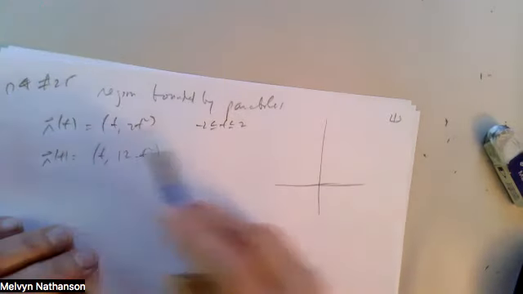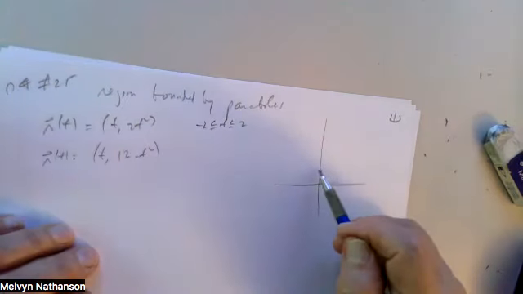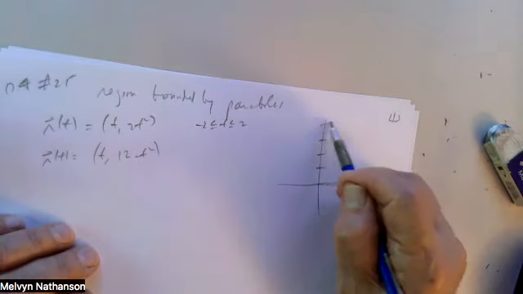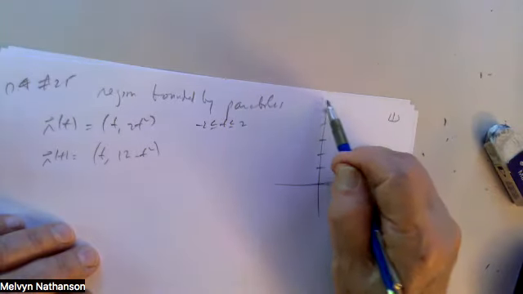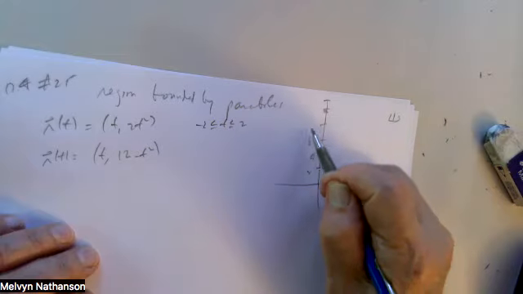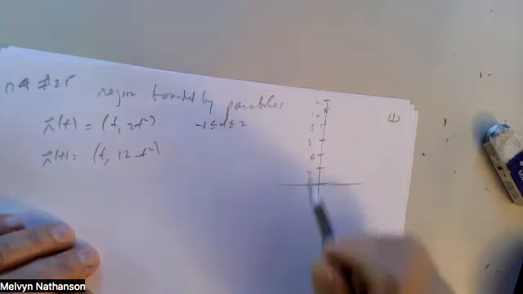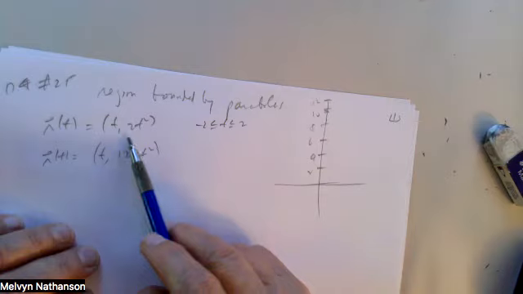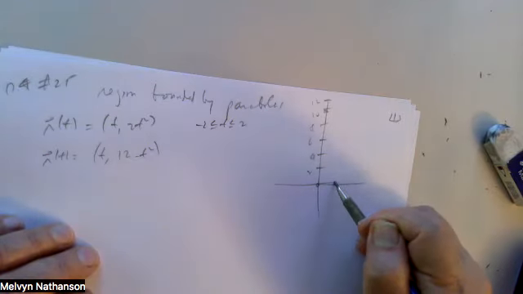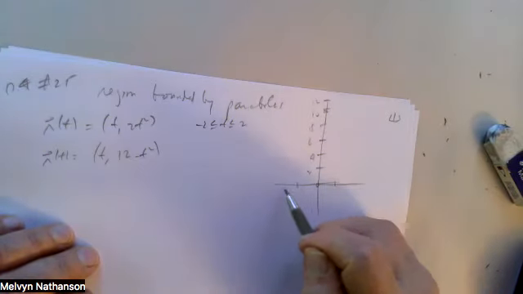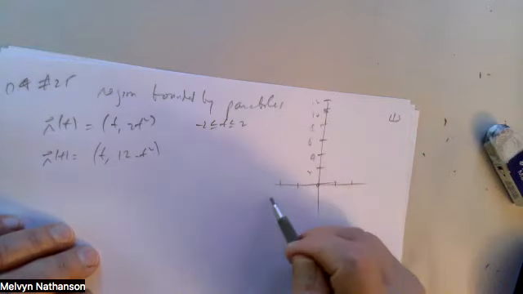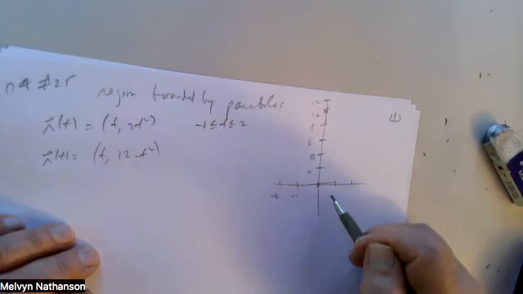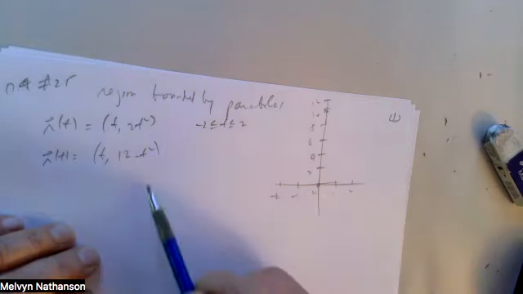So the parabola t, 2 minus t squared is 2 minus 1, 0, 2.